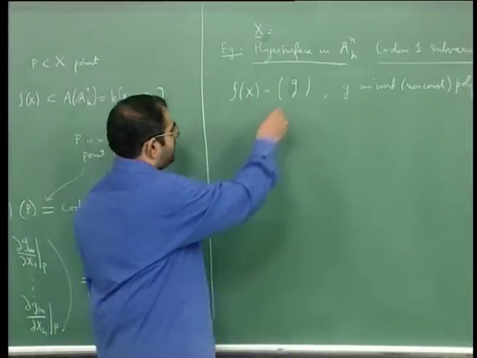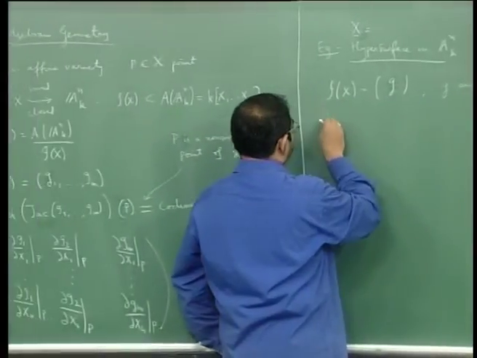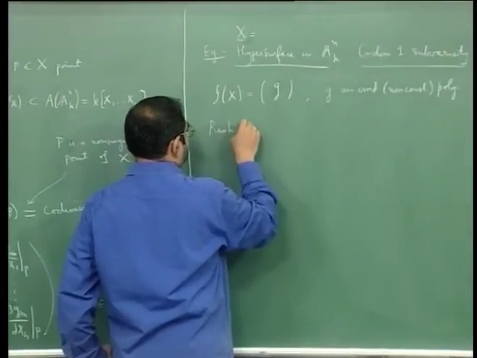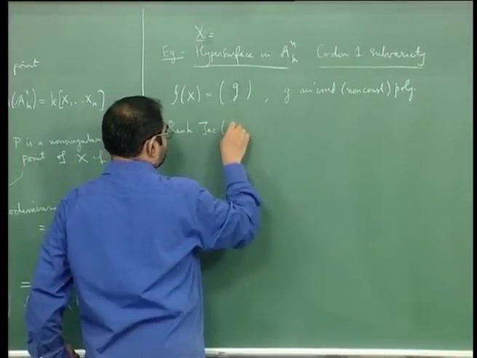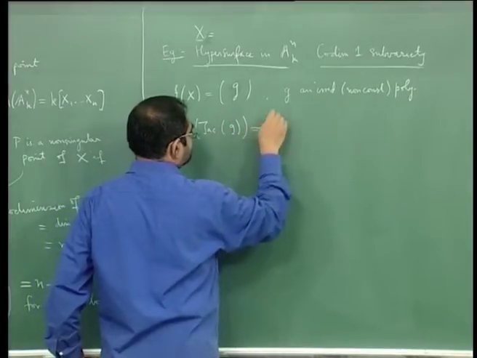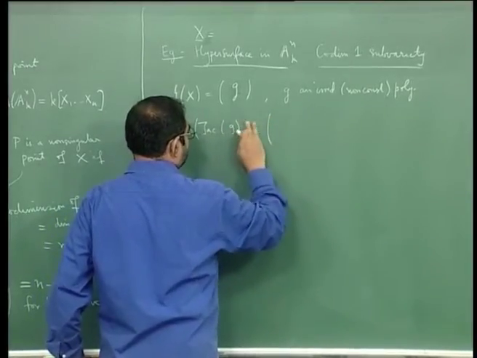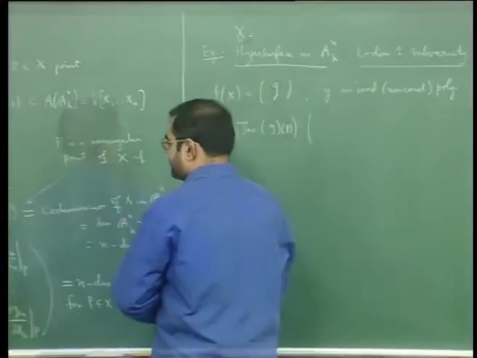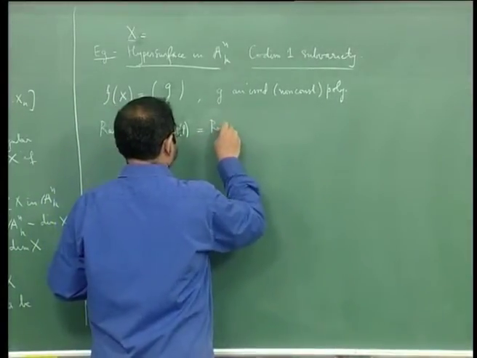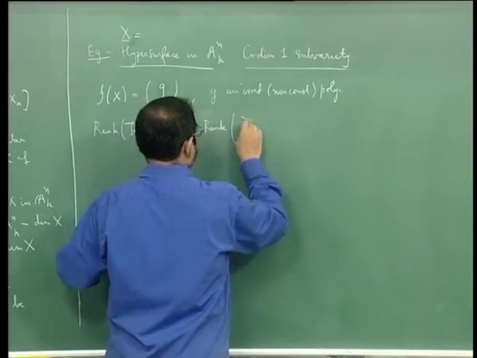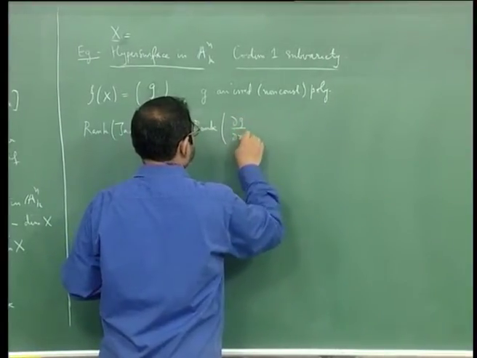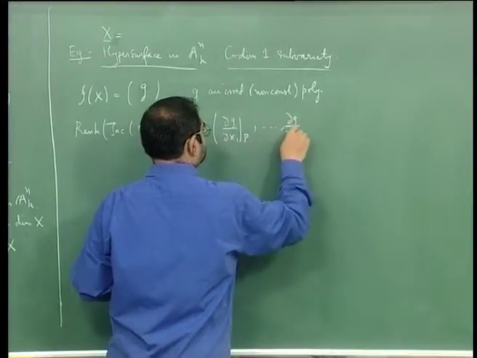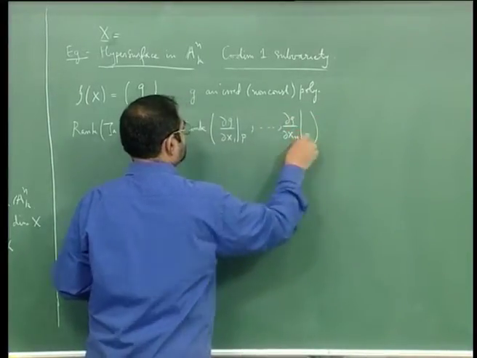If I apply this condition, I will have to look at the rank of the Jacobian of G at the point P, and that's just the rank of (∂G/∂x1, ..., ∂G/∂xn).